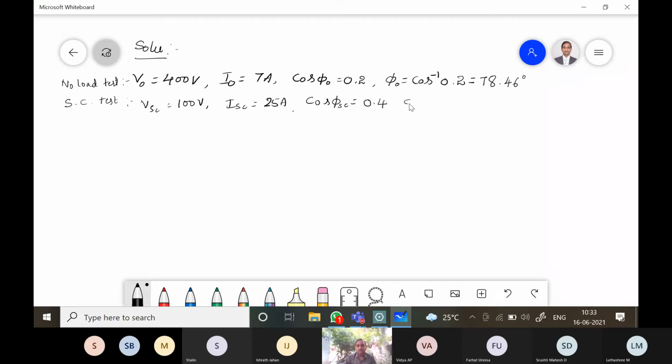So therefore phi SC is equal to cos inverse of 0.4. How much it is? 66.42 degree.